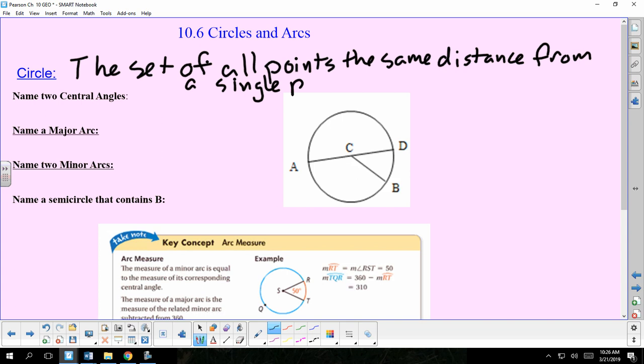That single point is called the center of our circle. And that distance, the same distance all the way around, is called our radius. So a circle can be defined by its radius alone.